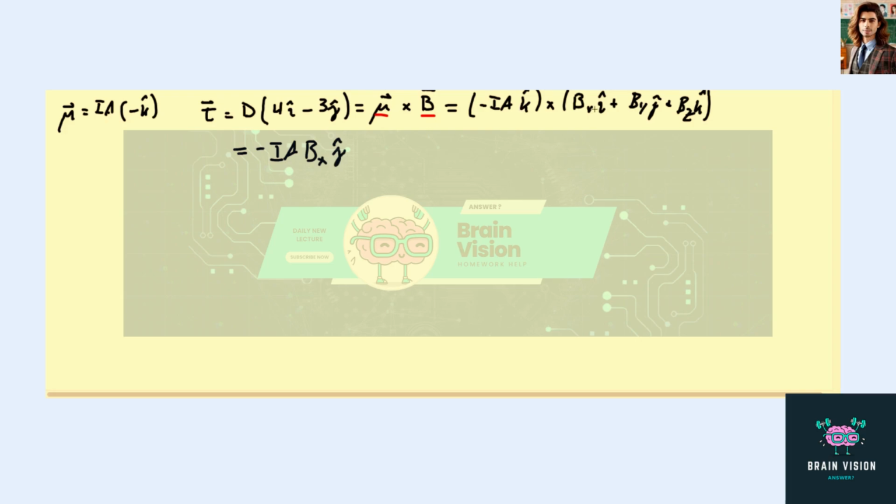And k cross j gives me minus i hat, so minus and minus gives plus I A By in the i hat direction. Of course, k hat cross k hat gives nothing, so I can't determine Bz at this point.